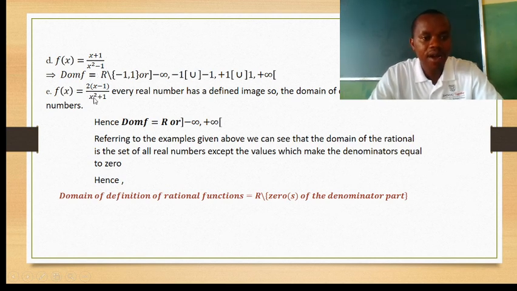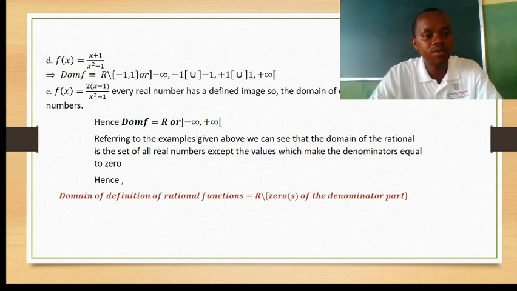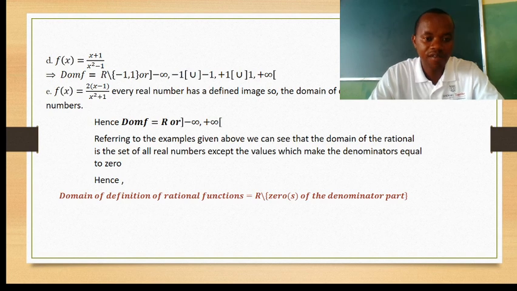For E, every real number has a defined image, which means that no real number can be assigned to x so that it cannot have the image. All real numbers replaced by x will have the image. It means that the domain of definition in this case will be the set of all real numbers, or in interval form from minus infinity up to positive infinity.